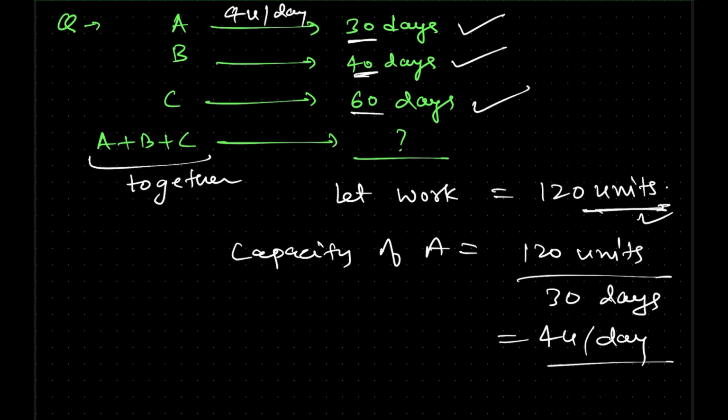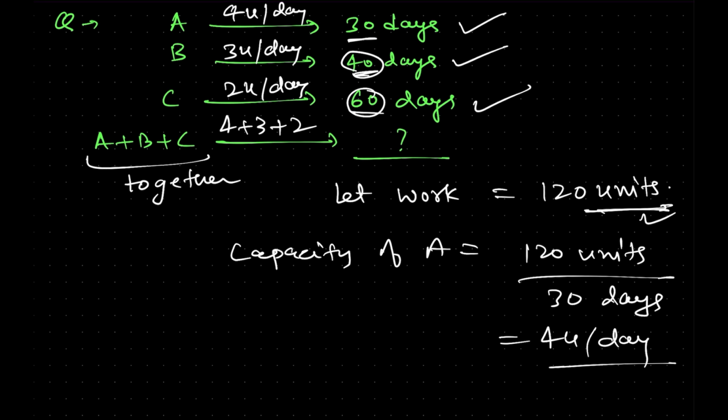Similarly for B, who takes 40 days, 120 divided by 40 gives 3 units per day. Similarly for C, we divide 120 by 60, so we get 2 units per day. If they work together, we add these: 4, 3, 7, and 2, 9. So 9 units per day.